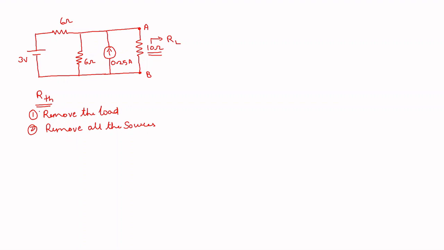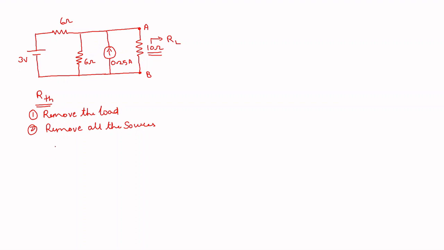You have to do these two steps and draw a new circuit for computing the RTH. Voltage sources are removed by short circuiting. This 3 volt source will be removed from the circuit by short circuiting, and the current source will be removed from the circuit by open circuiting.